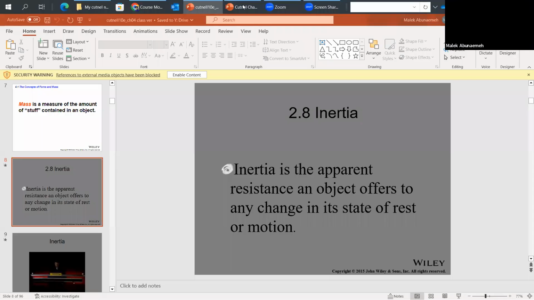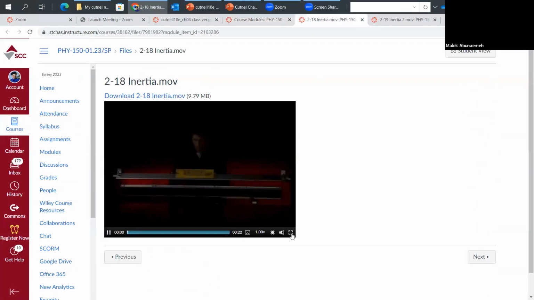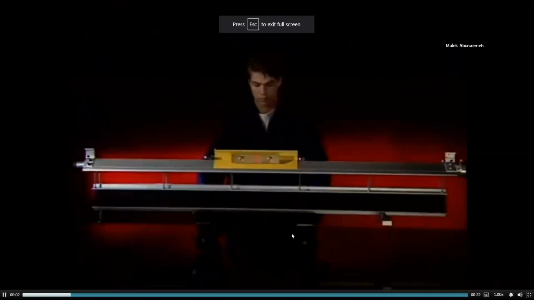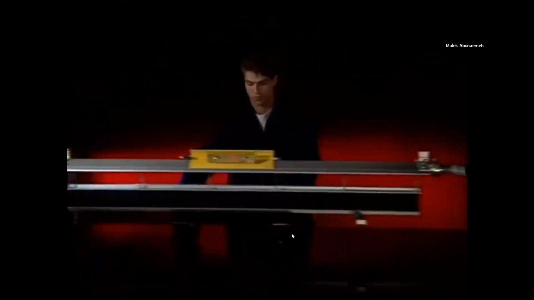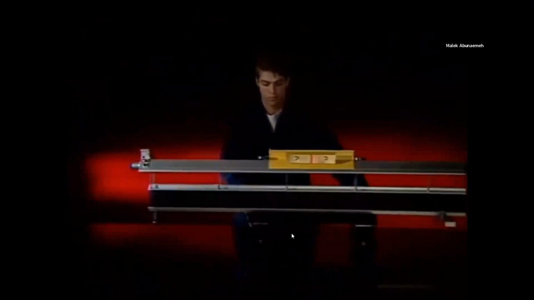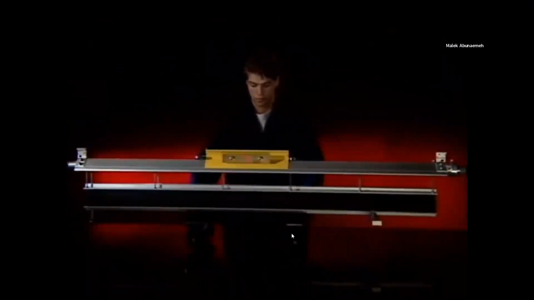Now let's go ahead and watch this video to help us understand a little bit about inertia. If the glider is resting on a track and you shift the track side to side, the glider will move with the track. Now you put a cushion of air under the glider, and that means it becomes a frictionless surface.